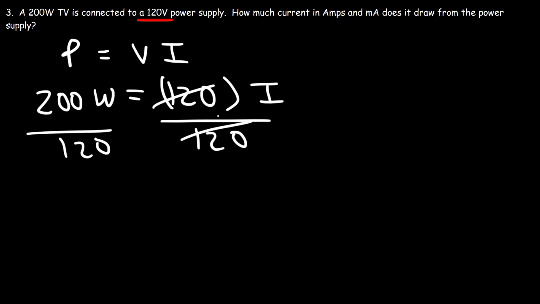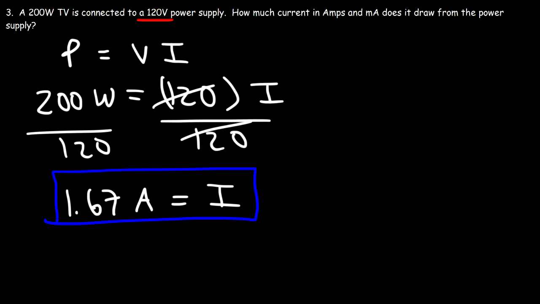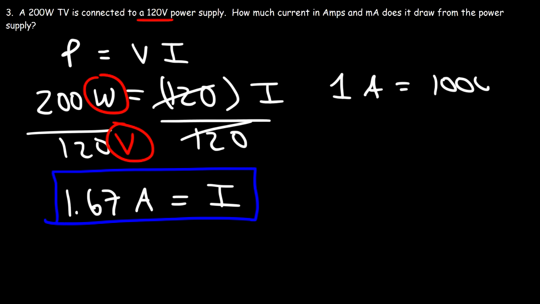200 divided by 120 is 1.67. And so this is the current in amps. The watt divided by the volt will give you the unit in amps. Now we need to convert it to milliamps. We know that 1 amp is 1,000 milliamps. So 1.67 amps must be 1,670 milliamps.